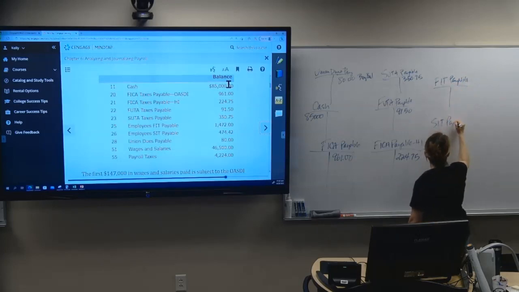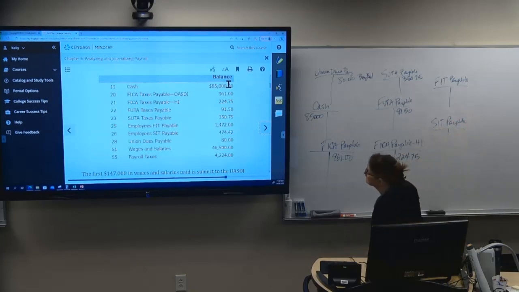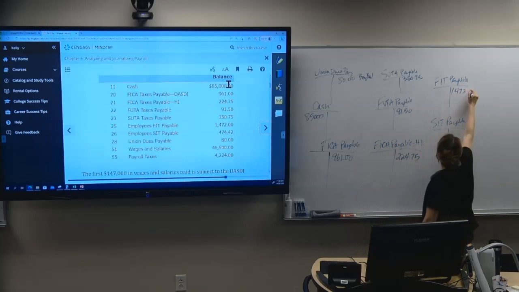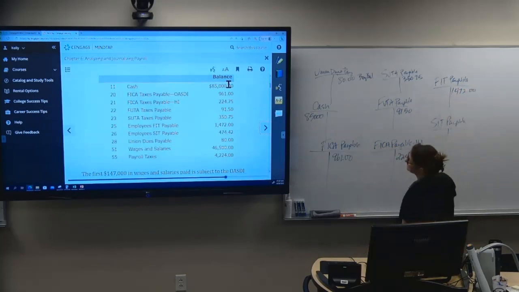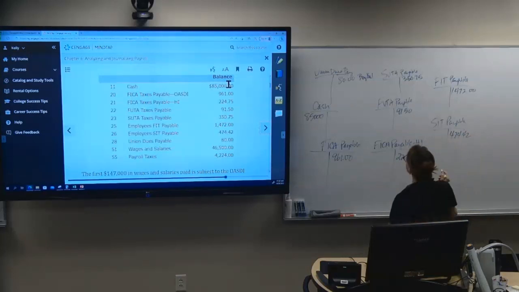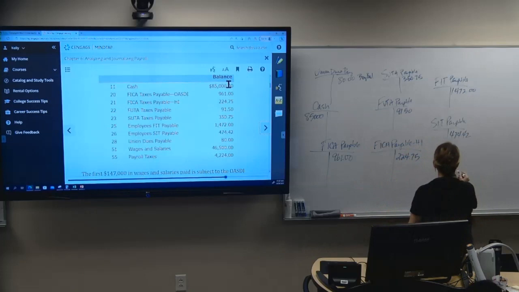SIT payable. So 1472 and 474.42. Union, already got the union dues payable. So we've got wages and salaries expense 46,500.